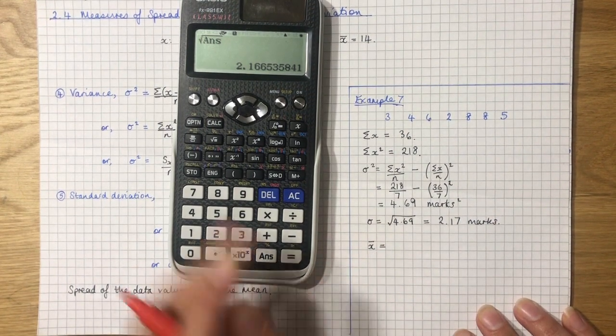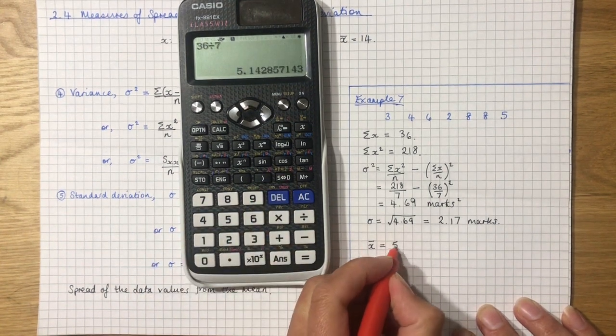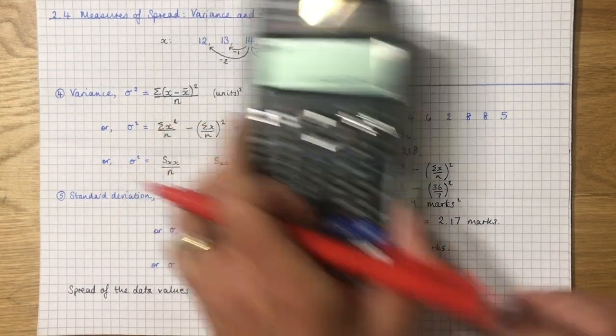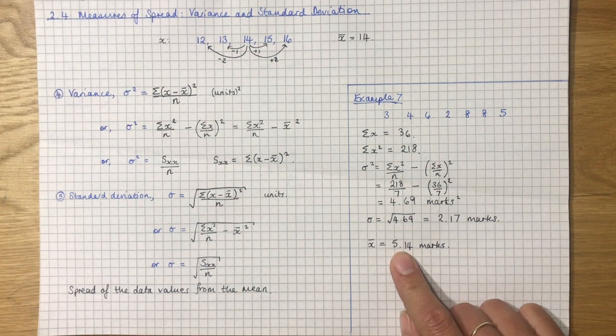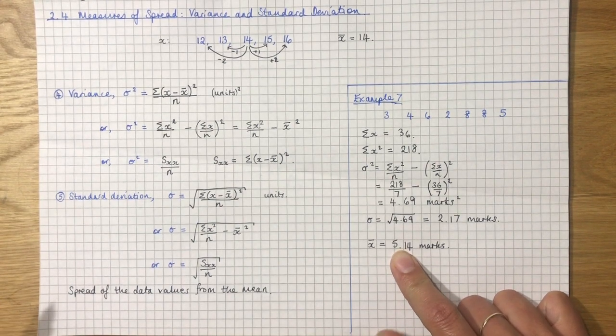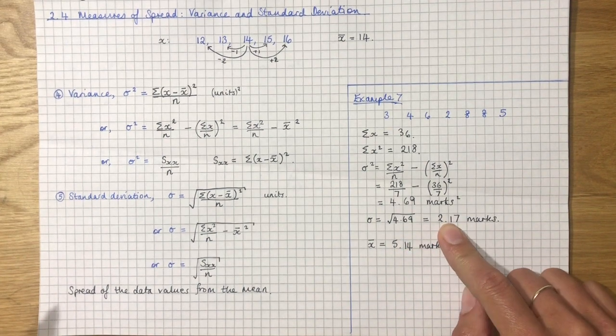I'm just going to make a note of what the mean was there. It was 36 over 7, so that's 5.14 marks. So for these 7 test results, we can say that the mean test result was 5.14, but the average spread of all the marks from that mean was 2.17.